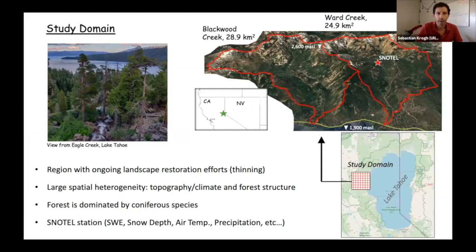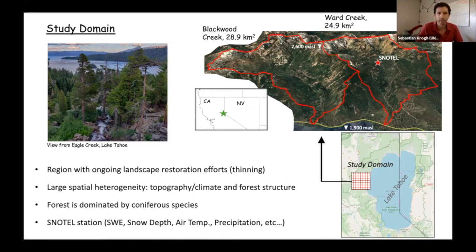Our study domain is the West Shore, of course. But now we're not doing all of the West Shore just because computationally this is very expensive to do. So we're doing 1 meter resolution modeling. So it takes a long time to compute and requires a lot of storage. So we're going to focus on 2 watersheds, Blackwood and Ward Creek, 2 main watersheds of the West Shore.